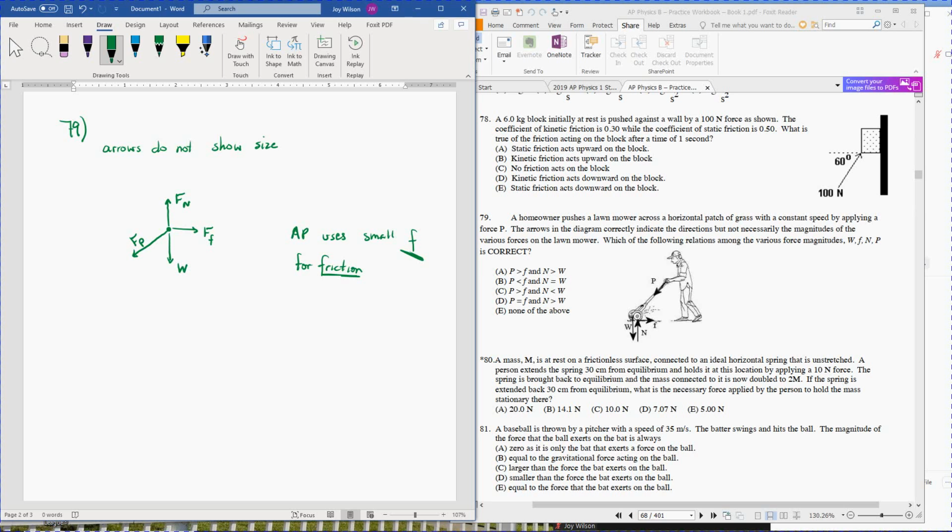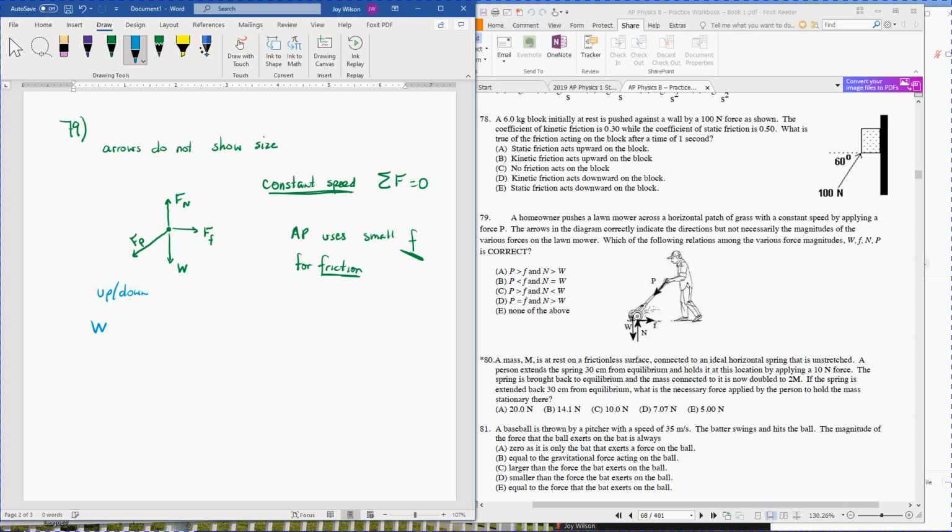So they tell us that he's going to go at constant speed. So we do know we have constant speed, and what that tells us, the sum of the forces must add up to 0. So what does that tell me in this picture? Well, first of all, let's look at our up and down forces.